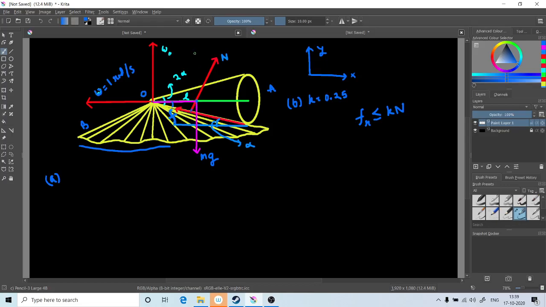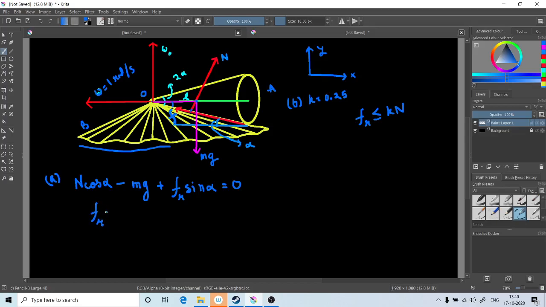Equating all the components along the y-axis, we get n cos alpha minus mg plus static friction times sin alpha equals 0.